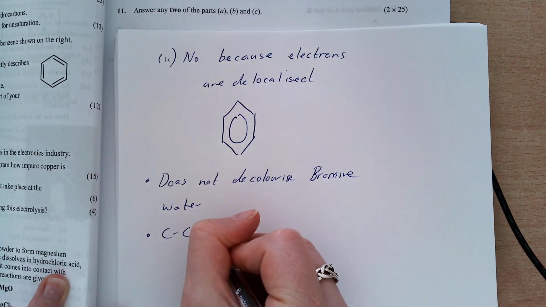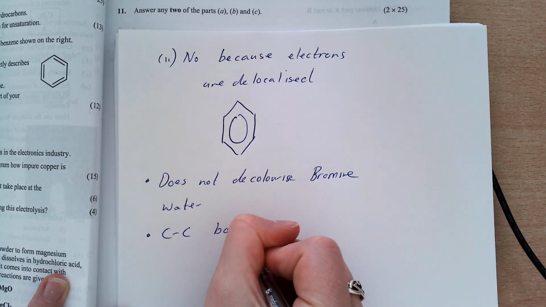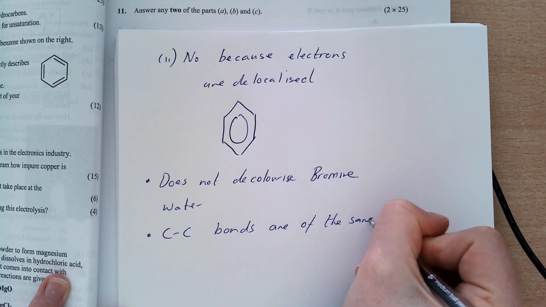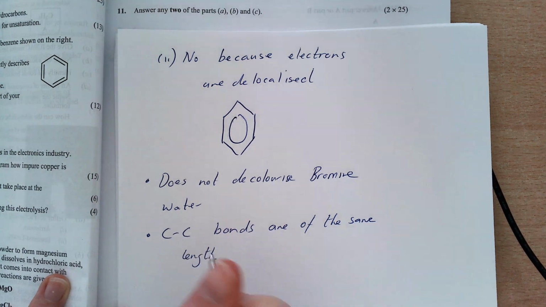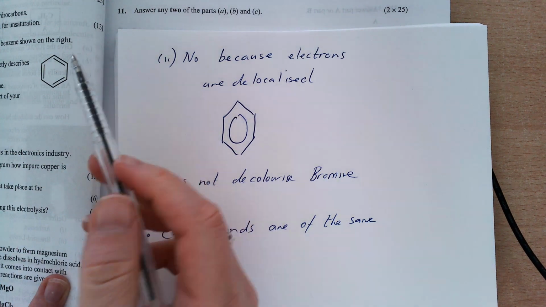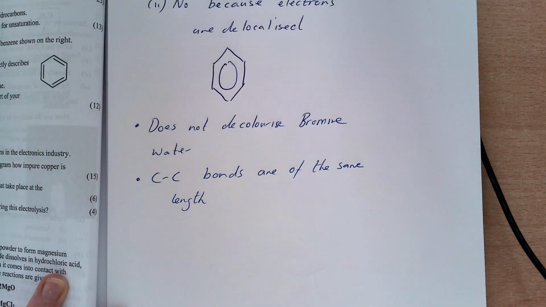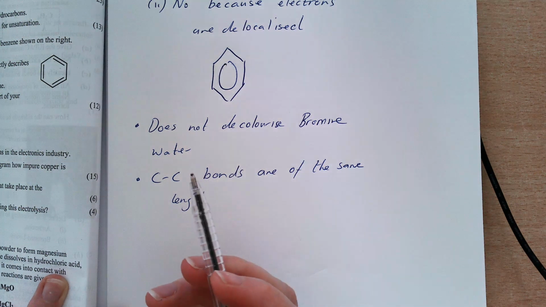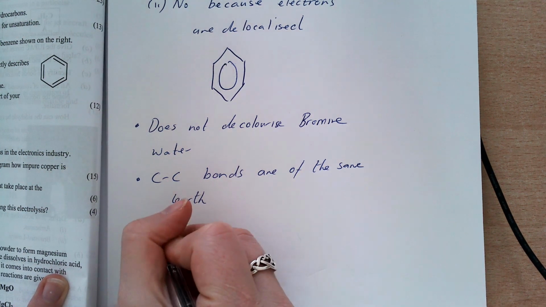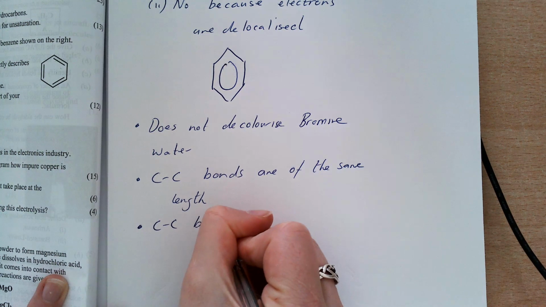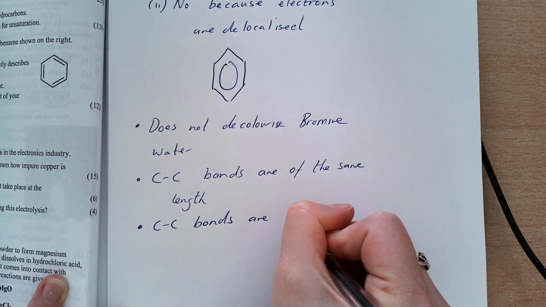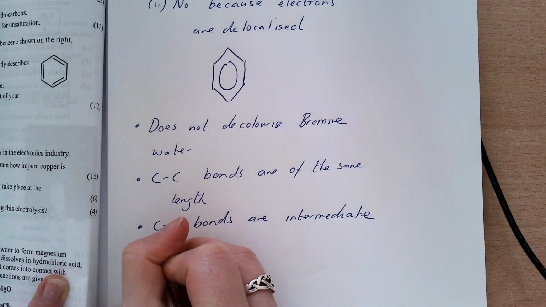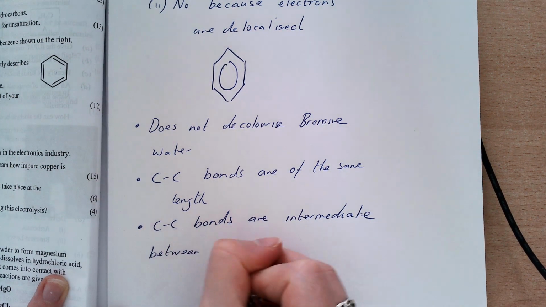The carbon to carbon bonds in benzene are of the same length. Again, there is a value for a single bond and a value for a double bond. The benzene bonds are all the same length, so they don't have a value for a double bond or a single bond. The carbon to carbon bonds are also intermediate, so they're between a single and double bond.